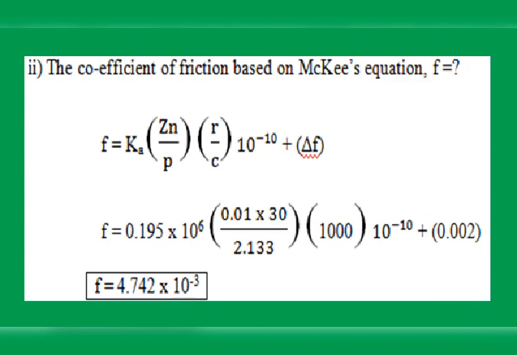And the second unknown, that is the coefficient of friction based on Mecke's equation. We know how to evaluate the coefficient of friction by using Petroff's equation. This is another one, that is Mecke's equation.